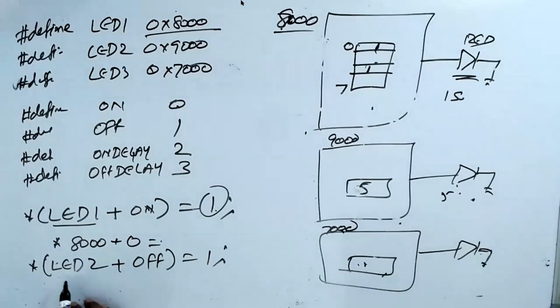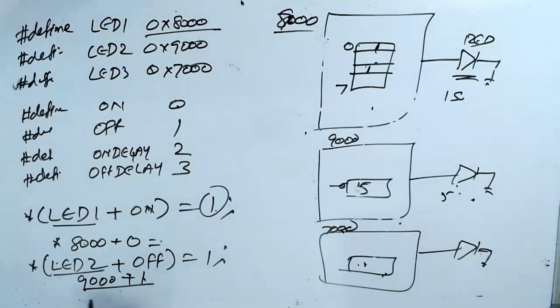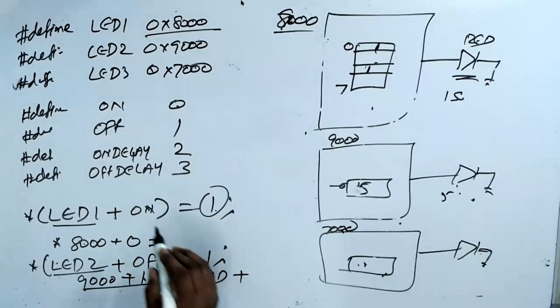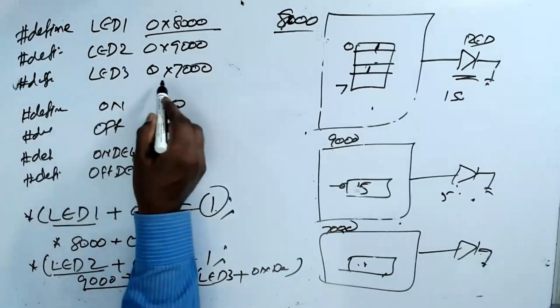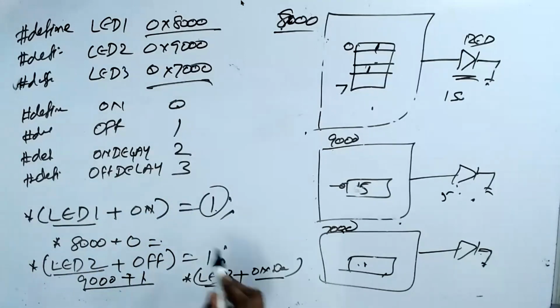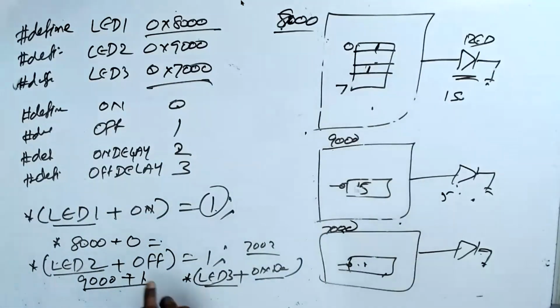LED 2 is 9,000, I add 9,000 plus 1, and I'm going to write to the first register. If I say *(LED3 + ON_DELAY), LED 3 is 7,000, and ON_DELAY is 2, so at 7,002 I write here. So you can select which controller and which register.